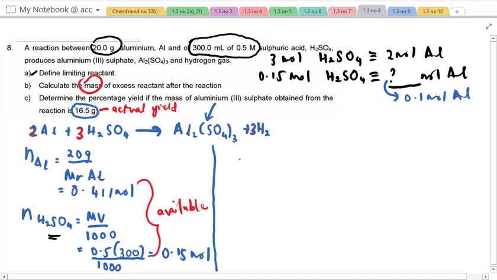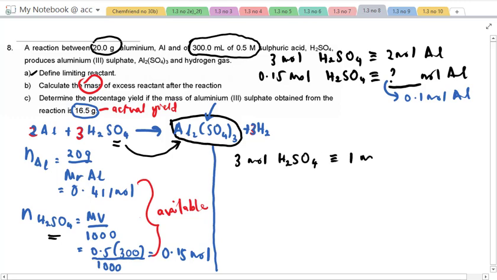Next is to write the proportion between the limiting reactant and the aluminium sulfate produced. How many mole of aluminium sulfate is produced depends on how much limiting reactant we have. However much limiting reactant there is, that much product will be formed. Kan? So what to do is to write the proportion of 3 mole of sulfuric acid equivalent with 1 mole of aluminium sulfate.